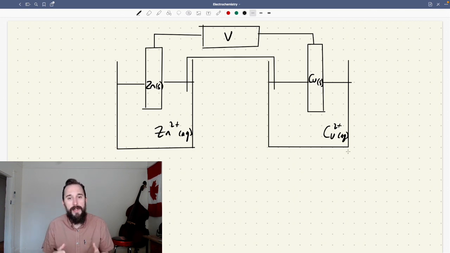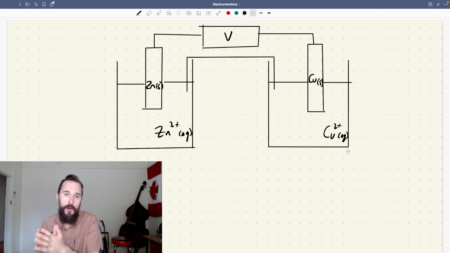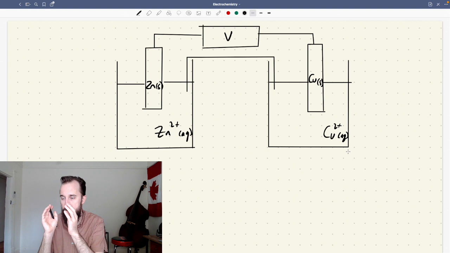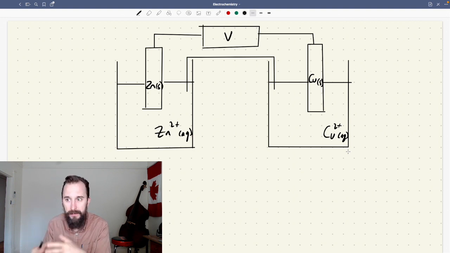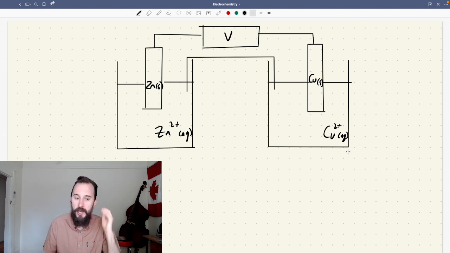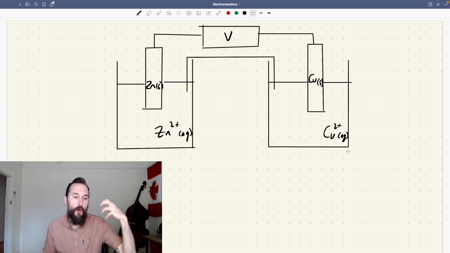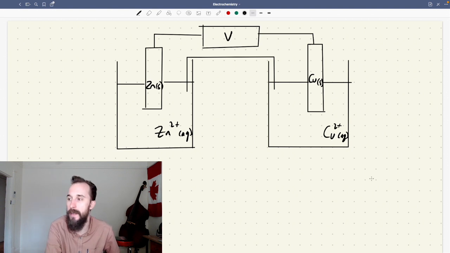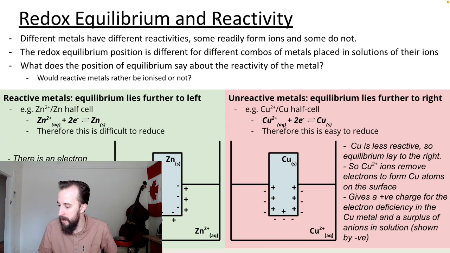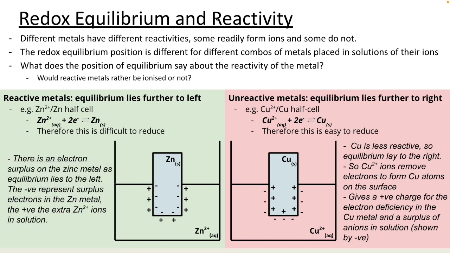So just like our electrolytic cells, there's lots of information that we can put onto these diagrams. So let's consider what's occurring, because we said we have a redox reaction, a transfer of electrons. So one species needs to be undergoing reduction, the other species needs to be undergoing oxidation. So for now, let's just think in terms of reactivity. Now we'll put numbers to this later on, but let's just think conceptually for now.